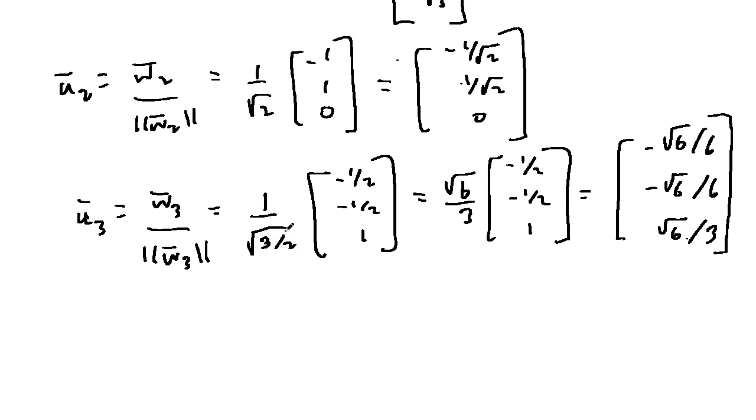Okay, now I have u1, u2, and u3. They are mutually orthogonal and they each have norm 1. Form the matrix P with u1, u2, and u3 as its columns. Okay, so here's the first column.